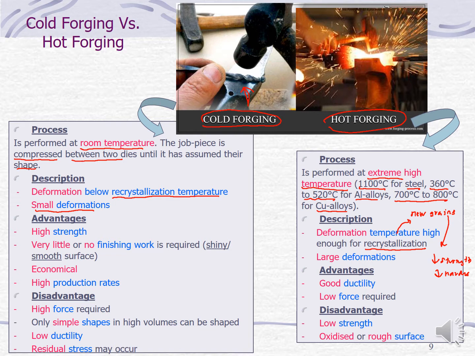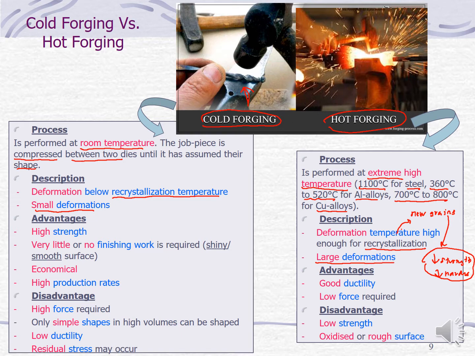That's why the metal after the recrystallization occurs will have low strength and low hardness, meaning that the metal is softened because of the temperature applied to the metal. So, because the metal is softened, large deformation can be achieved.